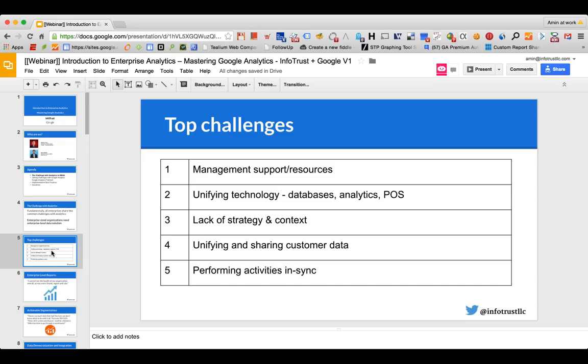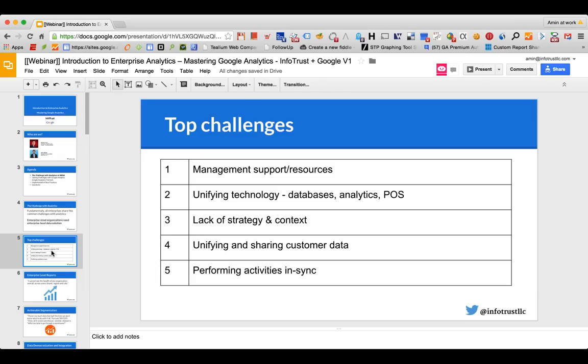So in terms of top challenges, the top challenges we often hear about when it comes to deploying and operationalizing enterprise analytics solutions in an organization are all about management, support, and resources. Unifying technology: I think that 75% of organizations believe integrated platforms could meet all their needs, but the reality today is that too many systems and vendors are used, with a lack of strategy and context.